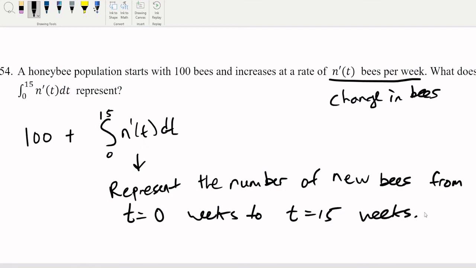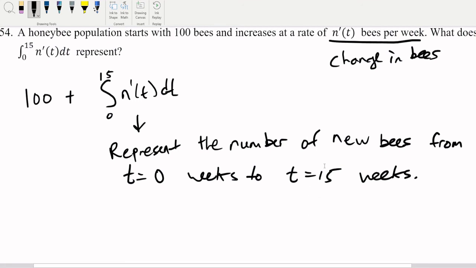This integral is just going to represent how many new bees did I get, right? I got a bee population. I know how it increases over time. I do the integral. That just says, okay, add up that change. Tell me what happened. What does the 100 do? The 100 itself just represents the starting population.